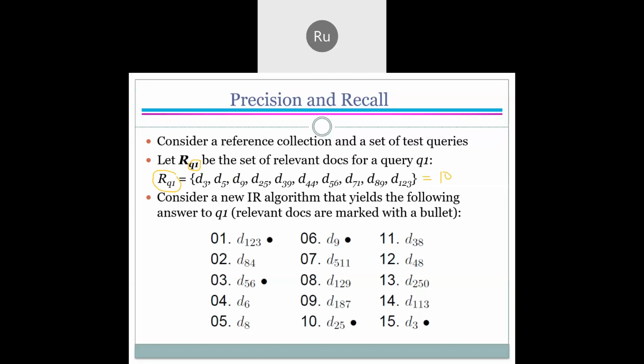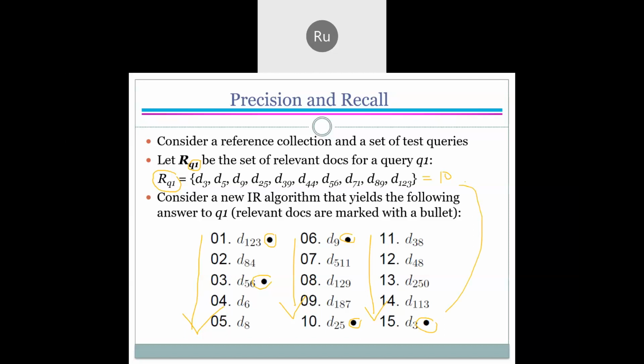So let's suppose we have this IR algorithm and the ranking of documents returned to you is in this order: 1 to 5, 6 to 10, and 11 to 15. The dot mark here indicates the relevant document found in the list.